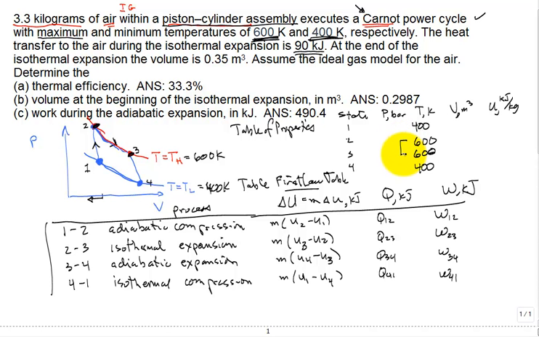For air as an ideal gas, we recall 3 things: PV equals mRT is a good ideal gas equation, U is a function of temperature only, and enthalpy is a function of temperature only. Well, if the internal energy is a function of temperature only, and the temperature didn't change between 2 and 3, can't I say that this is 0? Sure, it's 0.